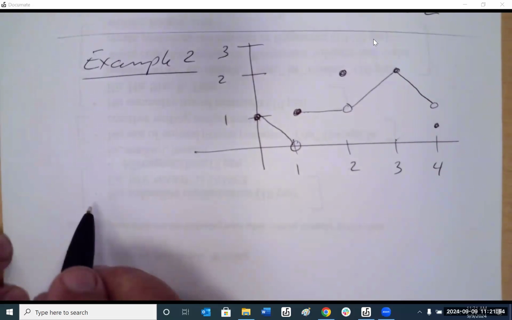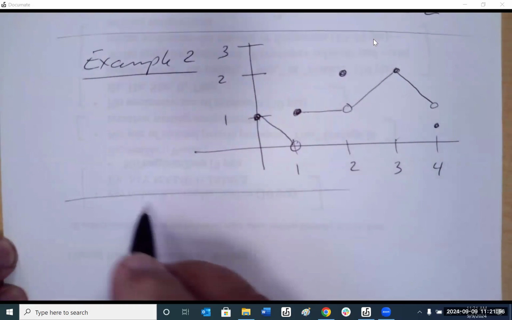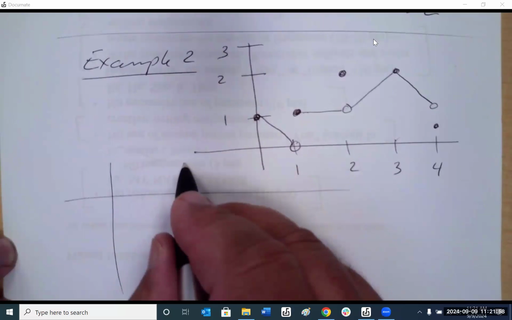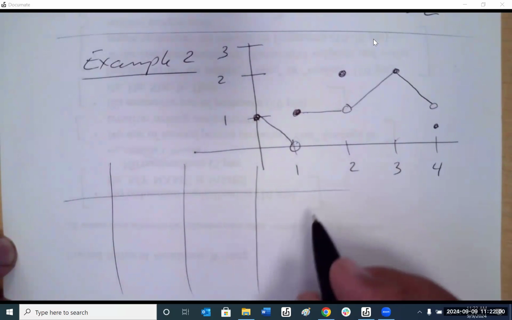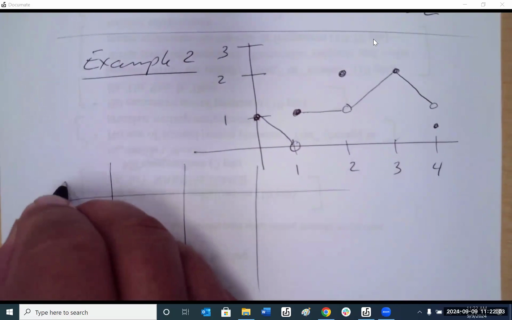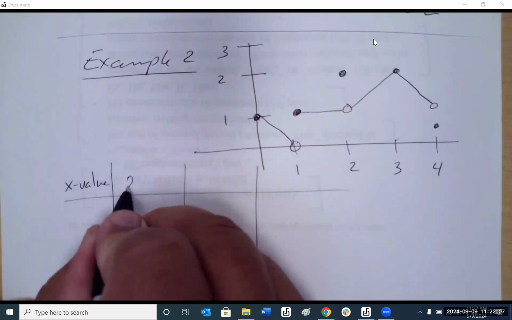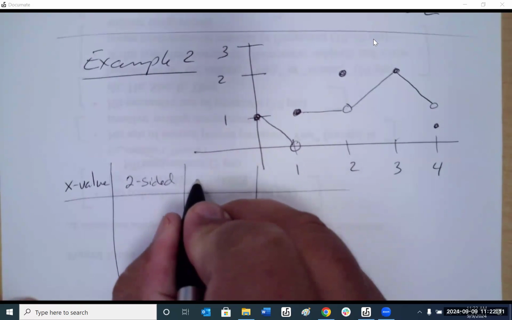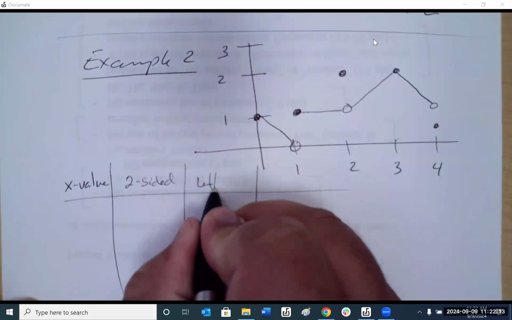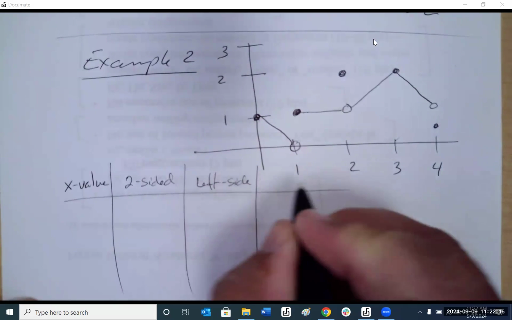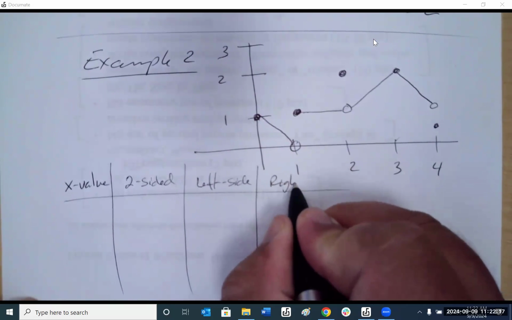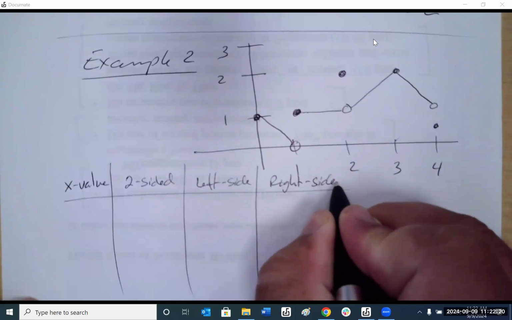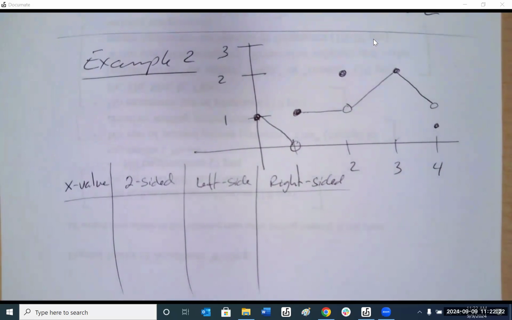We're going to look at x values, the two-sided limit, left-sided, right-sided. The one-sided left, one-sided right.